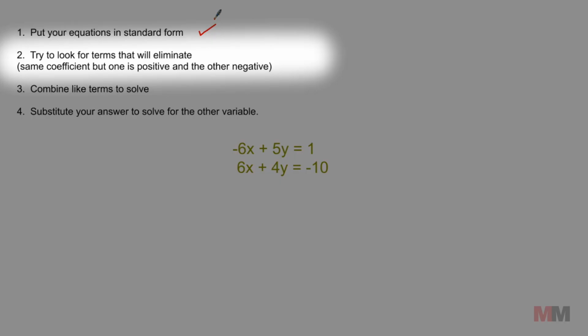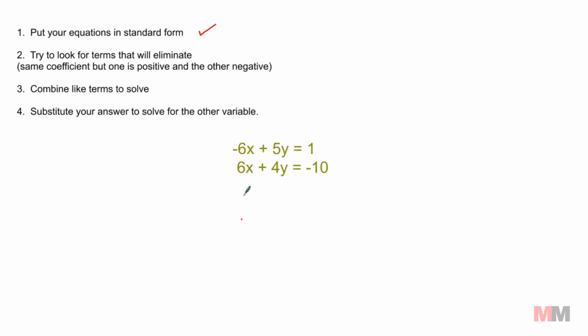Try to look for terms that will eliminate. When you're solving systems, you are allowed to combine like terms from top to bottom, as long as they all match up. So they do match up, and as you can see, if I combine these from top to bottom, then one of your variables will cancel. And how can you tell?